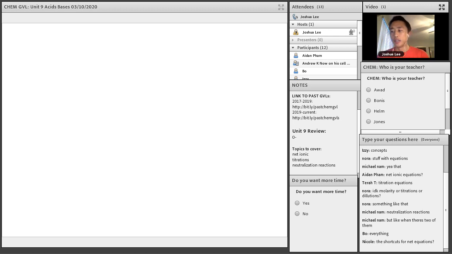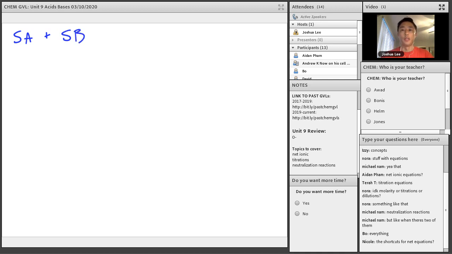For net ionic and neutralization, we are talking about when we're mixing an acid and a base together. So essentially what's happening during a titration. And there's really only three combinations that we will give you. We'll give you a strong acid, strong base. So that's one combination we'll give you.